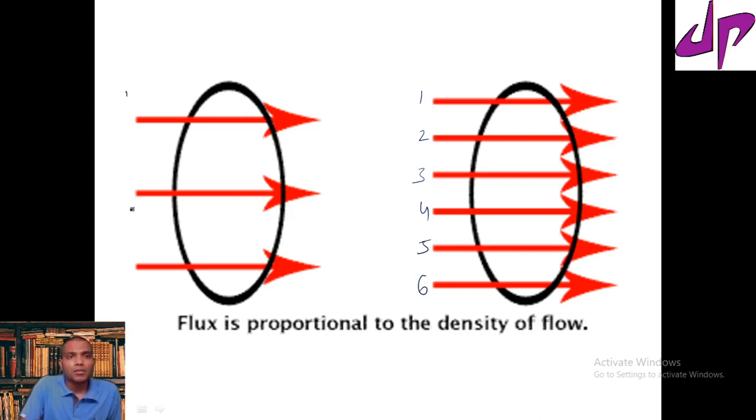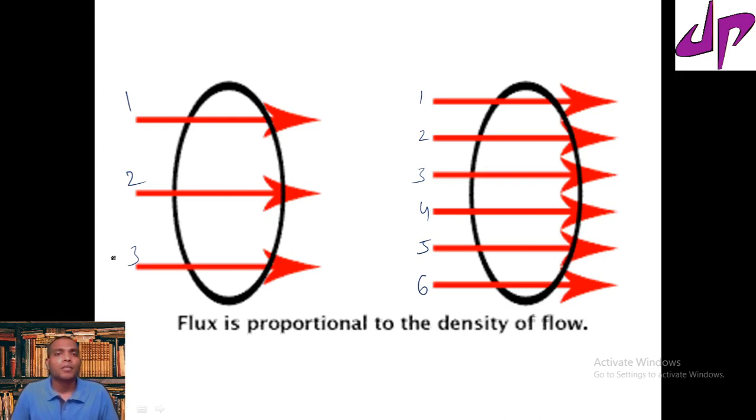So in this case, only 3 lines are passing through the circular surface area, but in another case 6 electric field lines are passing through the circular surface area.